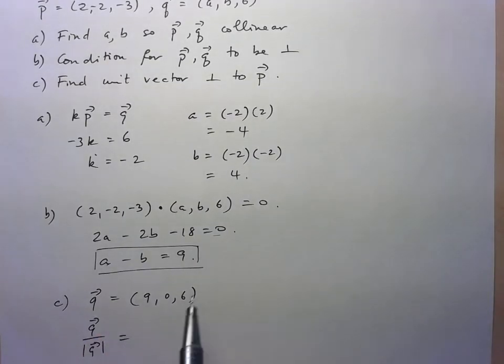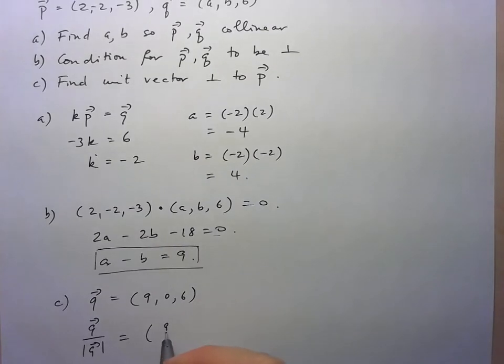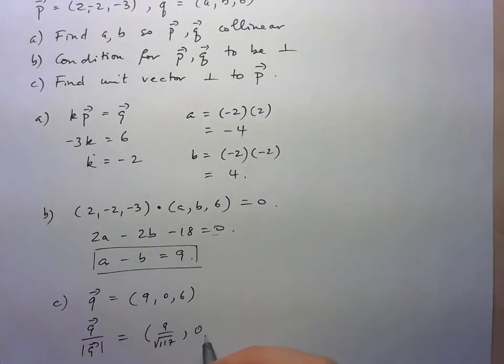So the magnitude here is the square root of 81 plus 36. So 81, 91, 101, 112, 117. There we go. So here I'm just going to have 9 over square root of 117. This, even if I divide it by square root of 117, will still be 0.